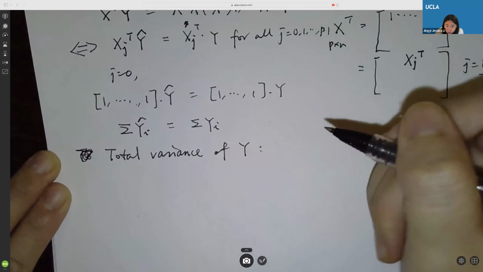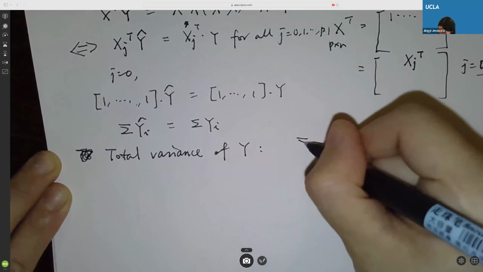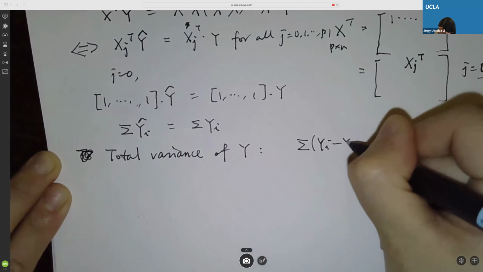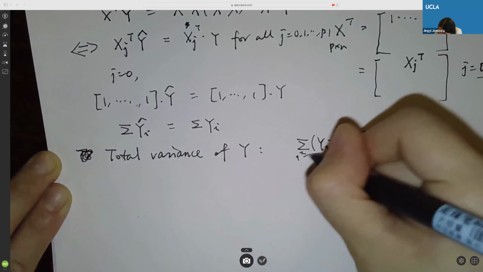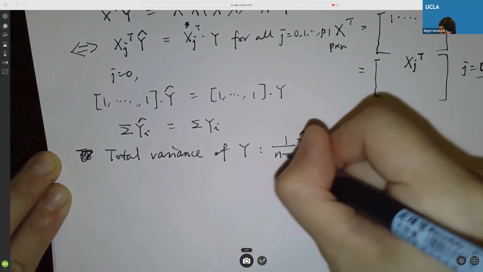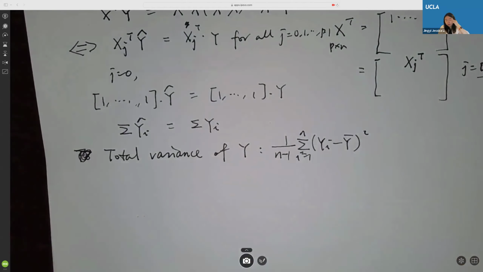What is that? So you may know that it's written as the sum of yi minus y bar squared, i from 1 to n, and I can have dividing by n minus 1 here just to be unbiased. That's the variance in my y.